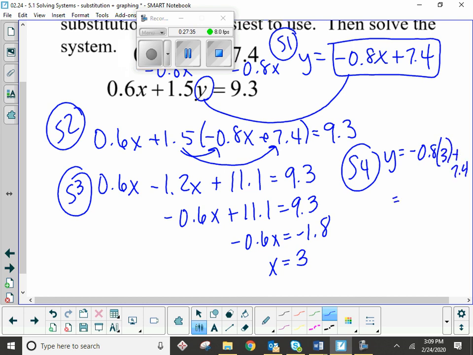And a tiny bit of math later, you get 5. And step 5 is to write these as an ordered pair. Which comes first, the 3 or the 5? The 3, because that's your x. Okay. Hopefully all that came back to you from your previous math courses.